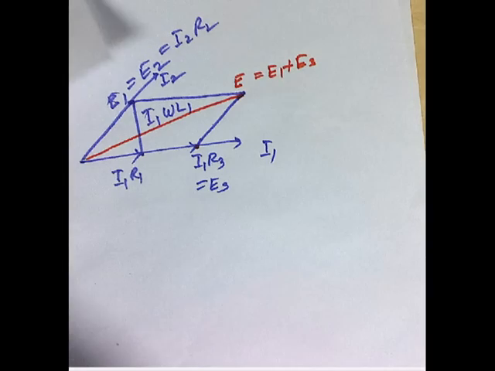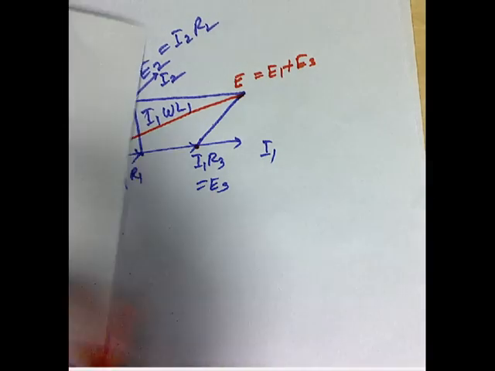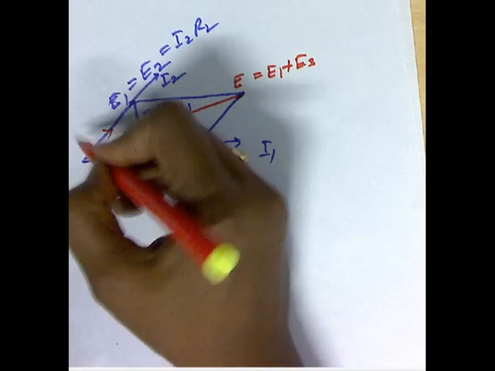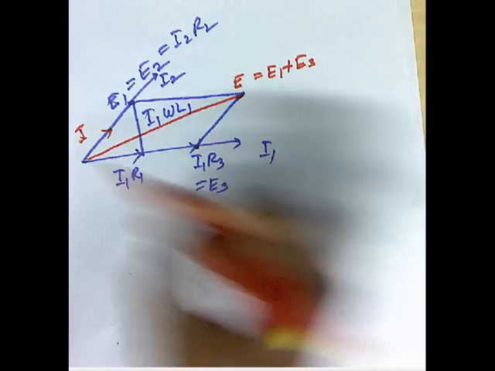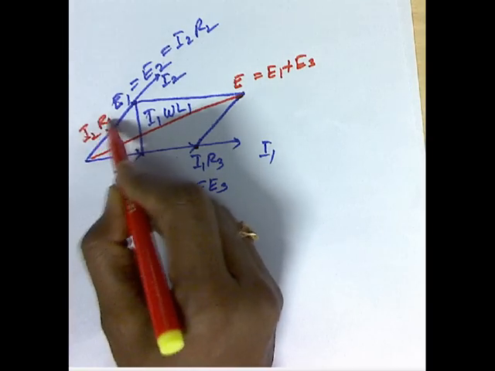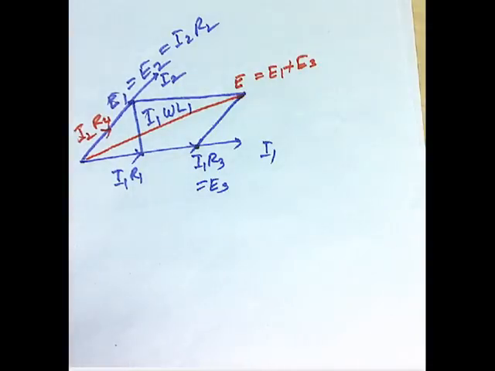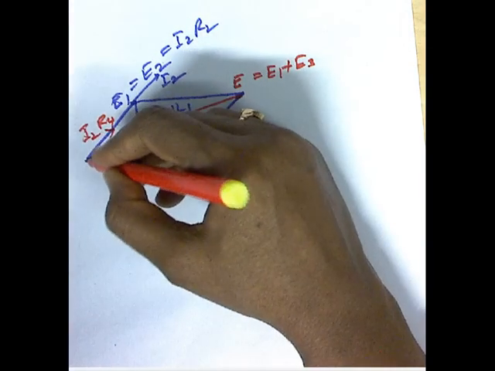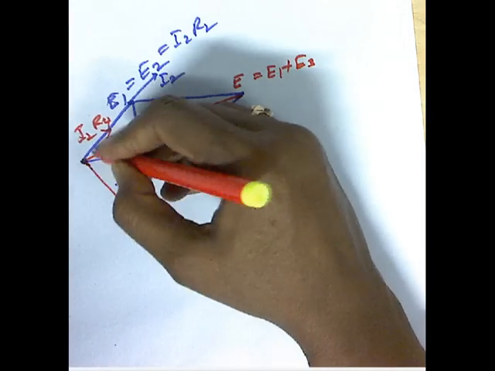So I2 R4 in this direction, and I2 into XC4 must be perpendicular.